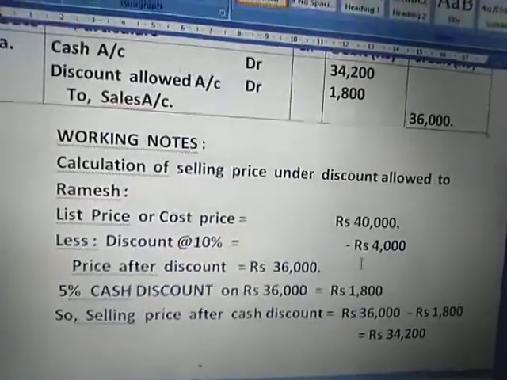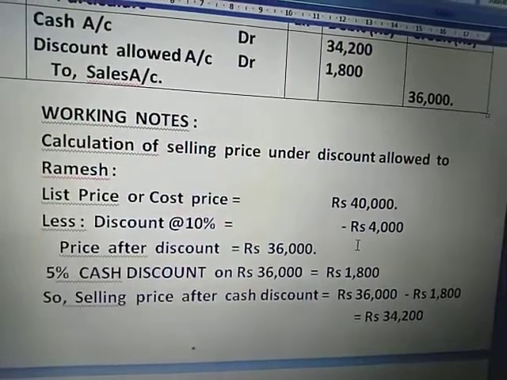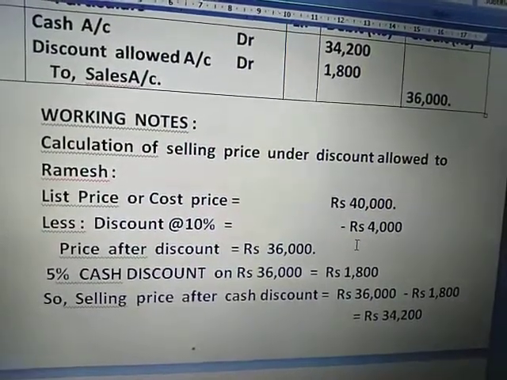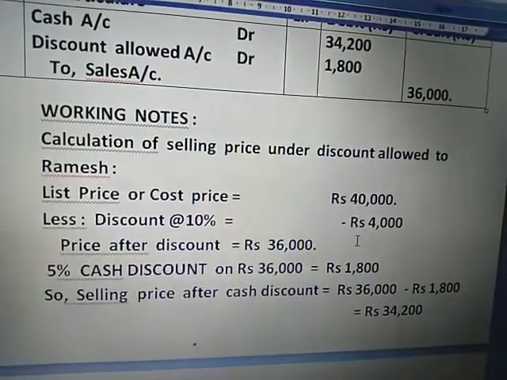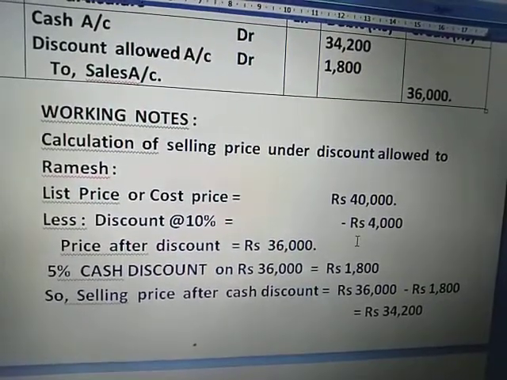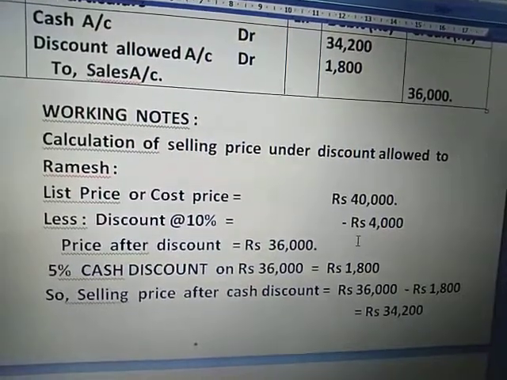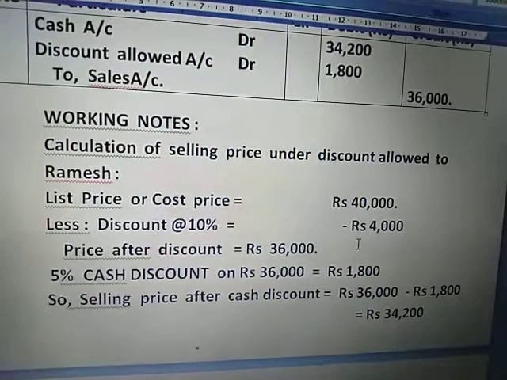So now here I have calculated 5% cash discount on 36,000. 5% of 36,000 gives us 1,800. So from this 36,000, 1,800 rupees will be deducted, and our final payment which we will receive is 34,200. This is the cash amount which we are going to receive.